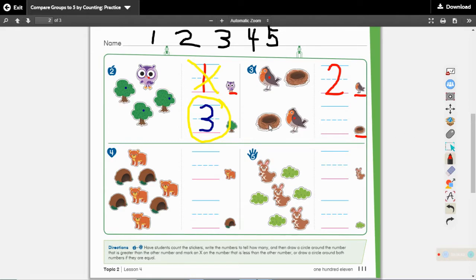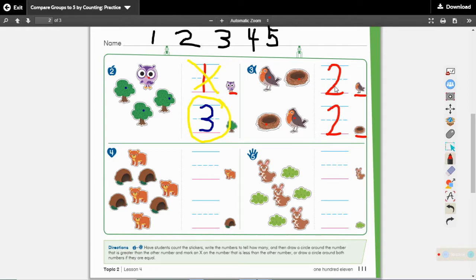Let's check out these nests here. Ready? 1, 2. How many nest stickers do we have? We have 2, don't we? Half a heart and then a shoe. That is how we write a 2. So look at our numbers.